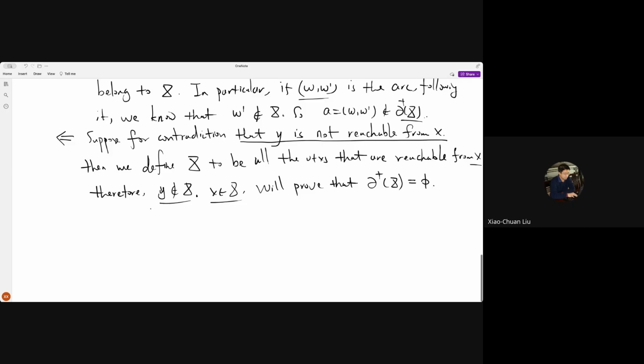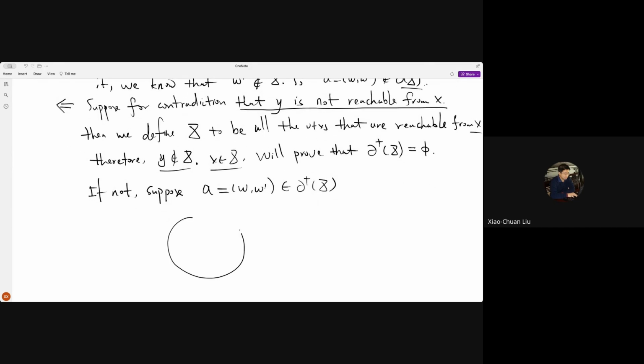I think it's pretty clear, right? Because if not, suppose we have an arc A, which is w prime, belonging to this out boundary.